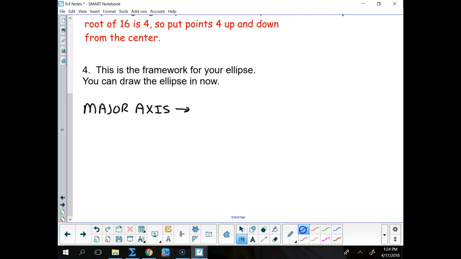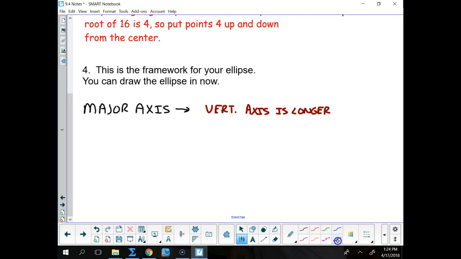Why vertical? Because it's longer. Yep, exactly. So in this particular case, our vertical axis is longer. Okay. So our vertical one is the major axis.